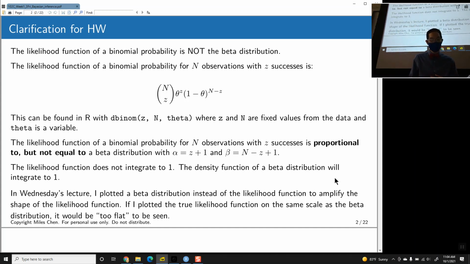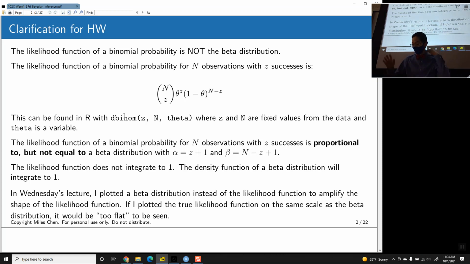When you find the binomial probability for some set of data with n observations and z successes, this is what you have, and you would find this in R using dbinom: dbinom with z successes, n trials, theta as your probability.